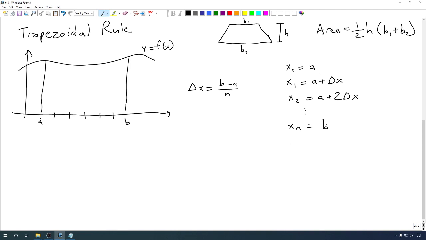So usually we'll go ahead and write out what those endpoints are, but we don't necessarily have to write these formulas if it's easy enough to find out from our picture. We'll see how that goes when we get to an example.